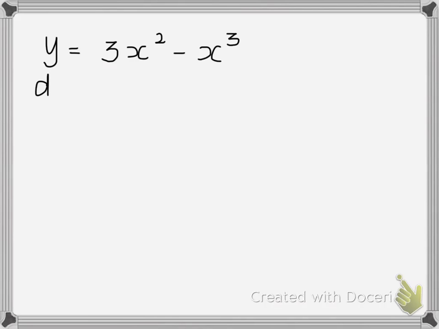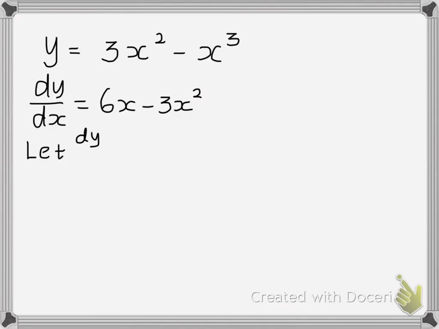Differentiating, you have 6x minus 3x squared. Then you let dy dx equal 0 and find at what values of x that dy dx equals 0.